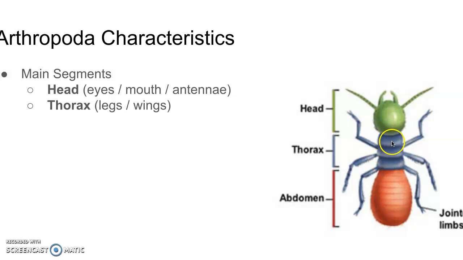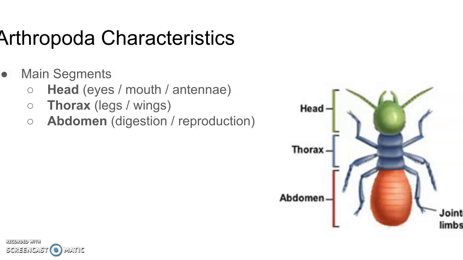There are segments that hold different parts of the organism. You have the legs, and if the animal flies, you will have the wings attached to the thorax.